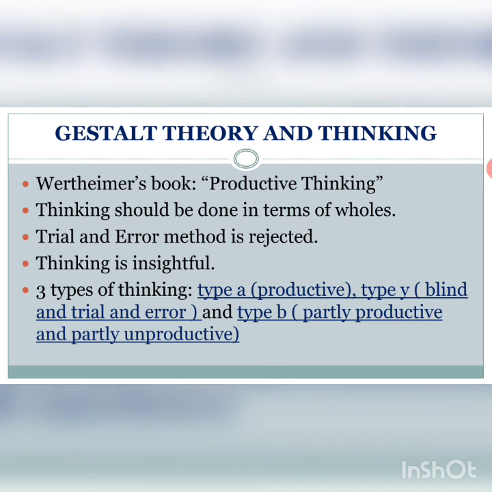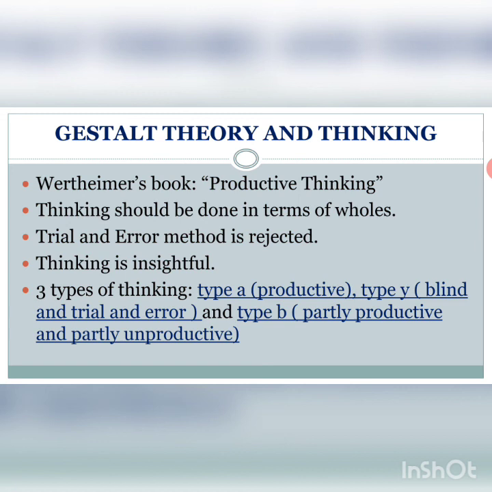Then we have the Gestalt theory of thinking, which can be found in Max Wertheimer's book Productive Thinking. According to this theory, thinking should be done in terms of wholes, and the trial and error method is totally rejected in the Gestalt perspective.